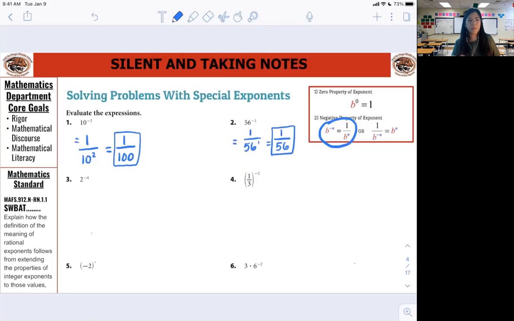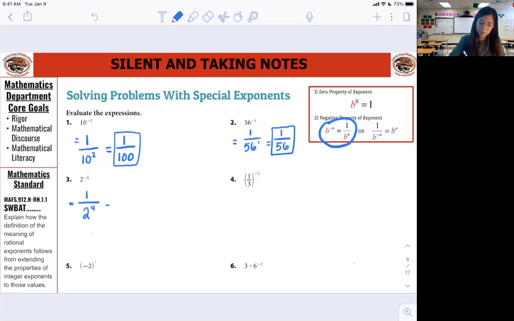Okay, moving right along. 2 to the power of negative 4. I'm going to turn it into a fraction. It's going to be 1 over 2 to the power of positive 4. Now be careful with 2 to the power of positive 4.